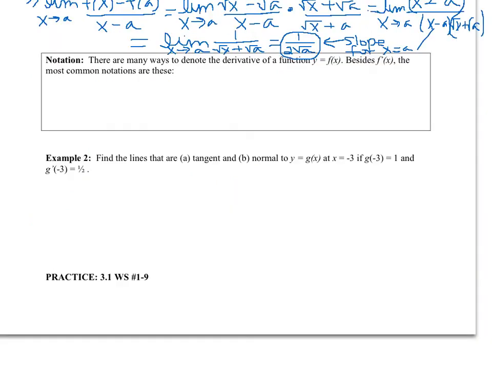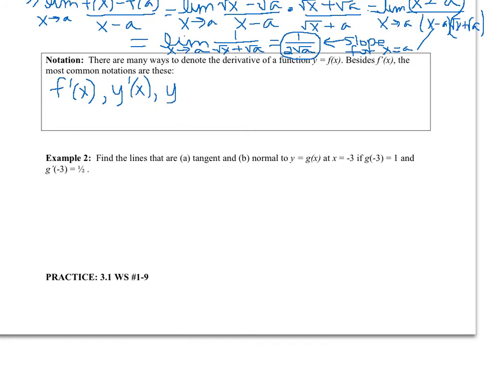Okay, so there's a lot of notation to talk about the derivative. Whether it was Newton or Leibniz, they all came up with their own interesting ways to talk about the derivative. You should be comfortable using any of the notations that I'm about to show you. So first of all, f prime of x was one way to talk about the derivative. Another way is y prime of x.